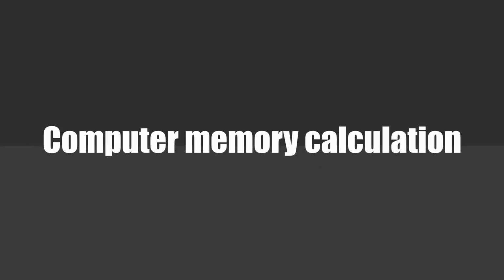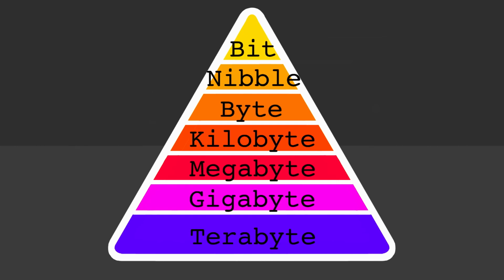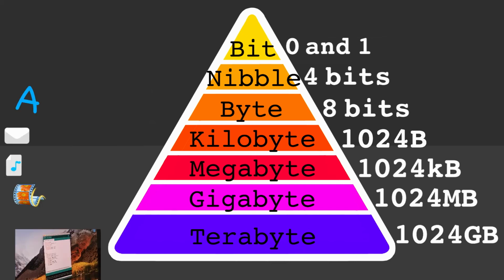Okay, now let's move on to memory units. Let's start from the smallest memory unit up to the biggest memory unit. First we have the bit. This one is the smallest unit of computing. Next we have the nibble. Nibble is composed of 4 bits. Next we have the byte, equivalent to 8 bits, or a single letter on the keyboard.